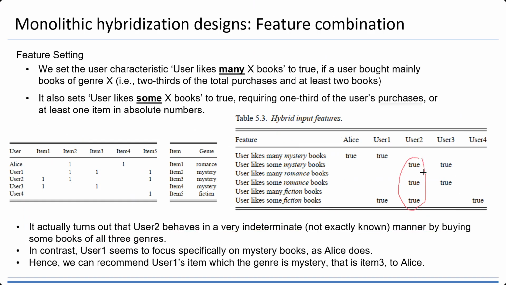User 2 likes mystery, user 2 likes romance, and user 2 also likes fiction. So he or she likes many books. But if you look at user 1, user 1 likes mystery and fiction. User 3 likes romance and mystery. User 4 likes fiction books.